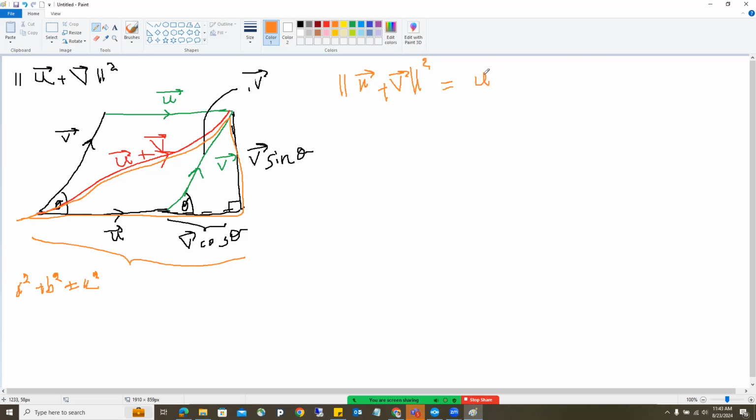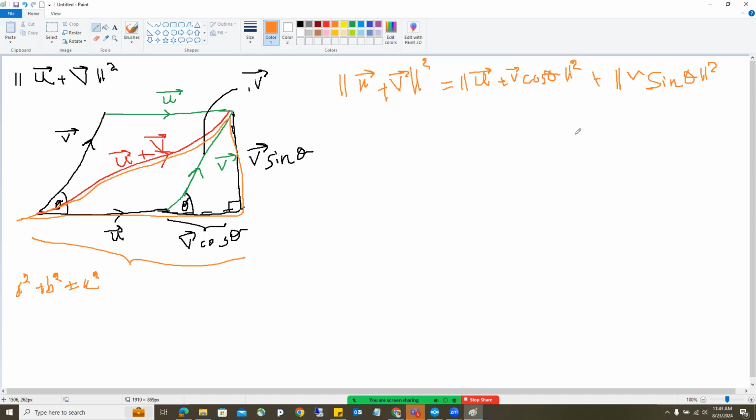Now magnitude of u plus v cos theta, squared, plus v sin theta squared. Is it clear up to this point?